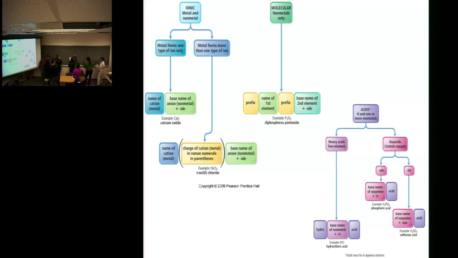Okay, no prefixes with ionic compounds. You're right. So you just write nitrite. Perfect. Perfect. Okay, hydrogen. Hydrogen, yeah.